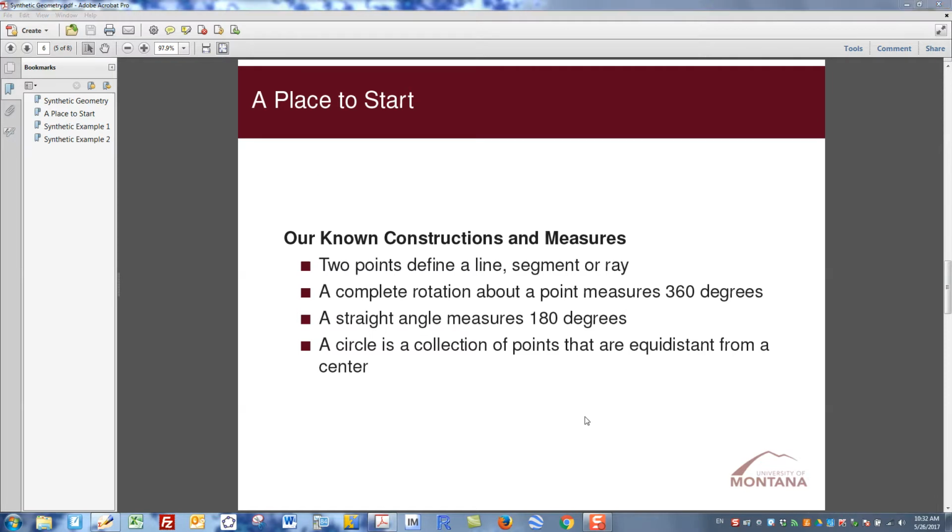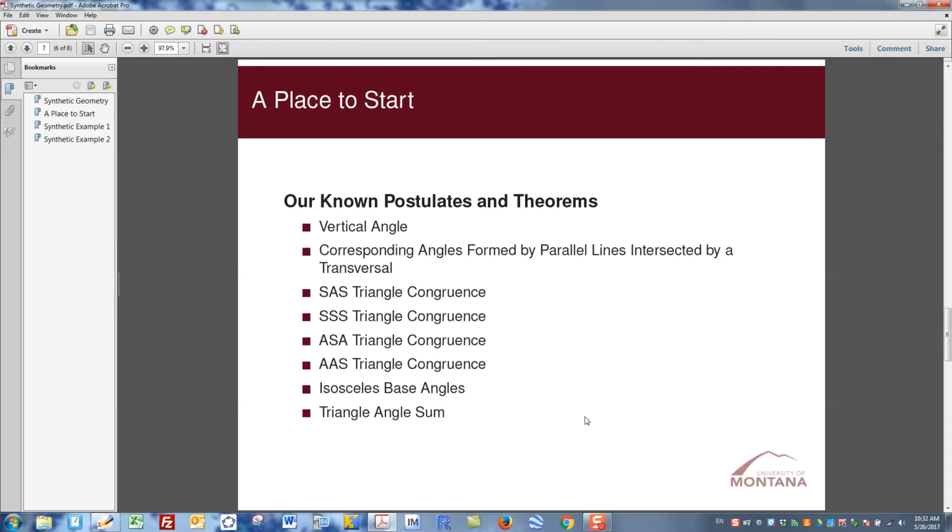How about a few known postulates or theorems? I want you to be aware of the vertical angle theorem, the corresponding angles formed by parallel lines intersected by a transversal, that those are congruent, and four forms of triangle congruence: the side angle side triangle congruence, side side side, angle angle side triangle congruence, and then the isosceles base angles are congruent, and then the triangle angle sum theorem, which says that the interior angles of a triangle sum to 180 degrees.